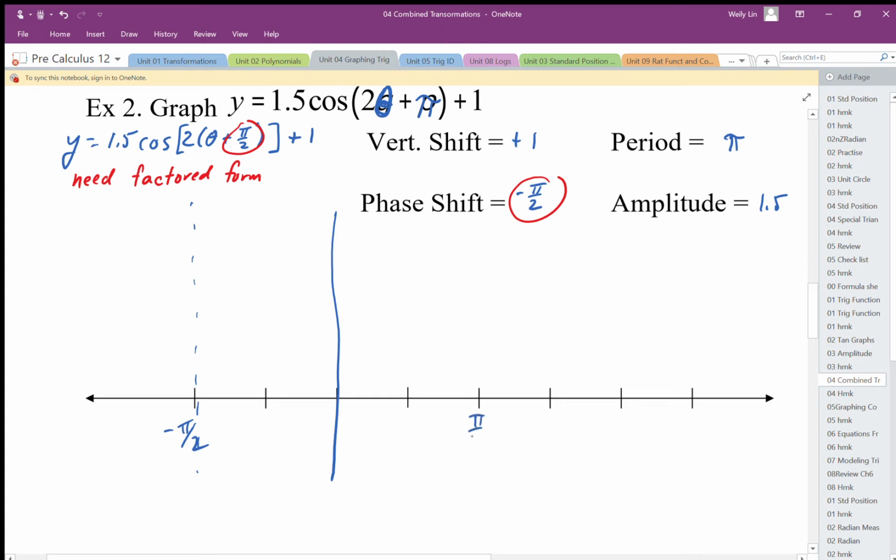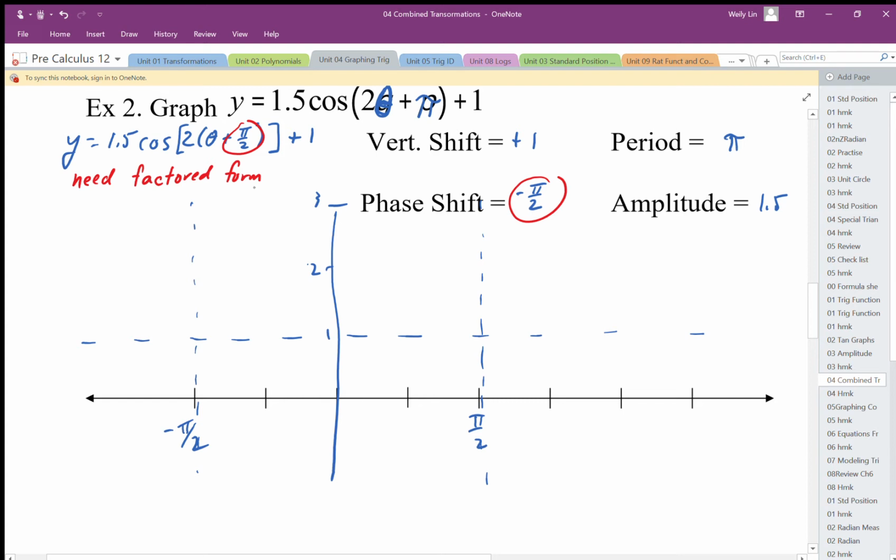If I put it here, then I'm just going to squish my graph into that really small area, which I don't want to do. Okay, my vertical shift is going to be +1, so I'm going to put my +1 here. Then I know I'm going to go up to 2, 1, and let's say 3 is going to be somewhere around here. So we're going to go up 1.5 and down 1.5 from there.